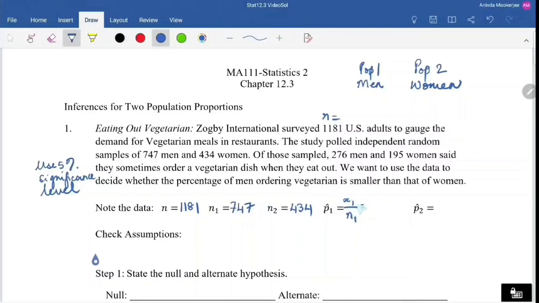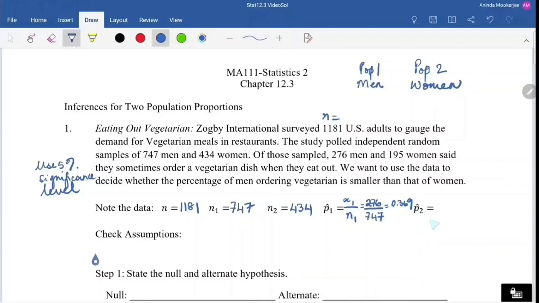So x sub 1 will represent the number of men who responded yes. How many men replied yes? 276. So 276 men met the specified attribute. So 276 over 747 is going to be 0.369. That's p hat sub 1.